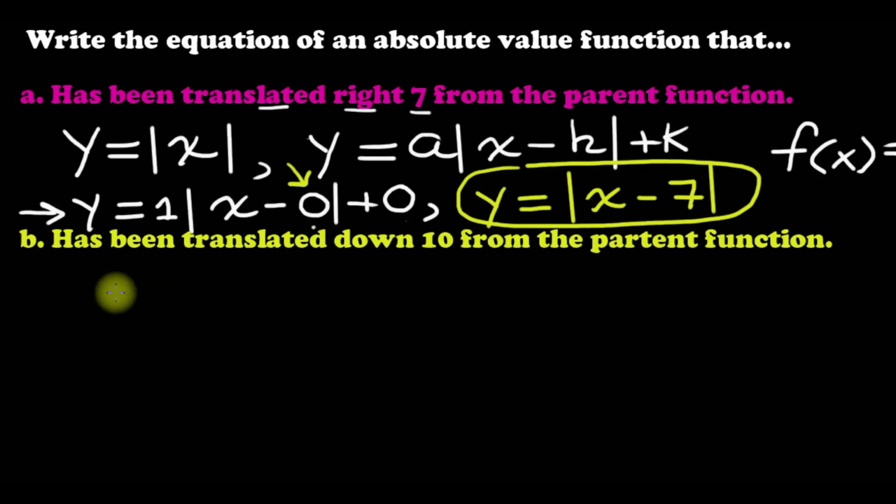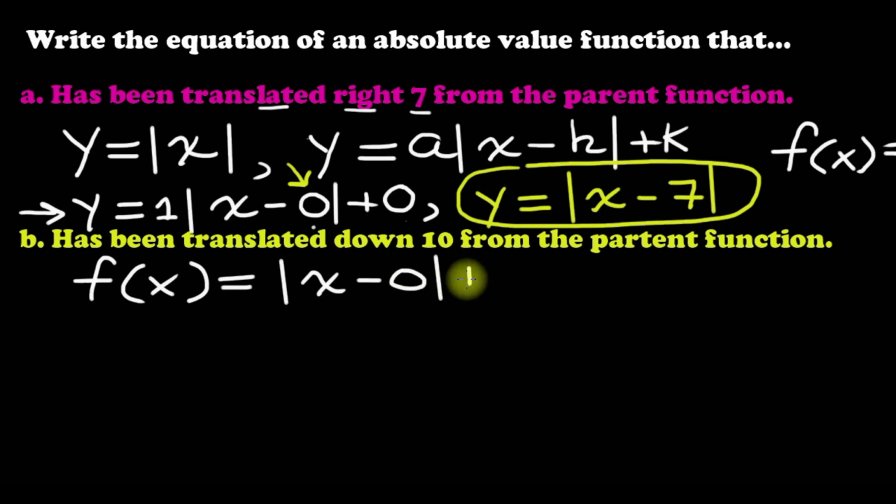So this one has been translated down 10 from the parent function. So f of x is the absolute value of x minus 0, and then plus 0. So this one we're going down 10. That means you get a minus 10 on this one, because that's your up or down, right?